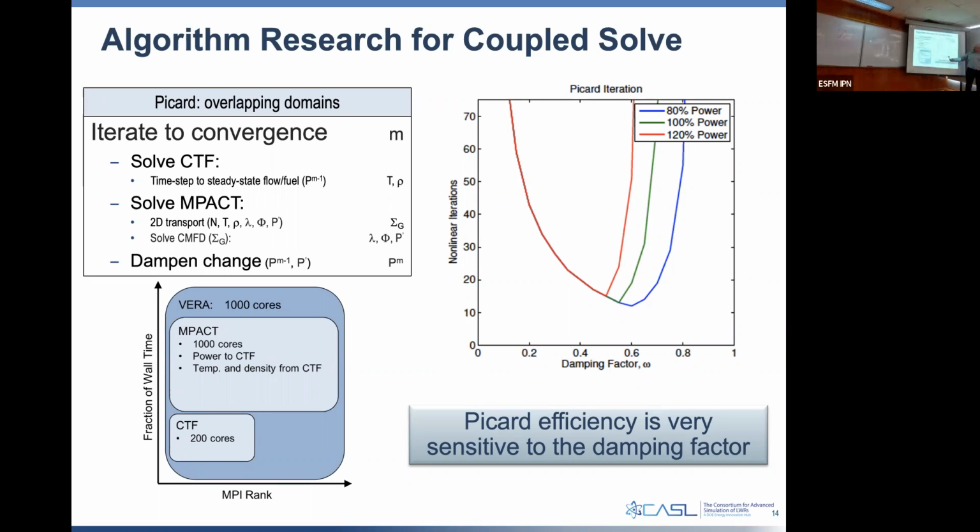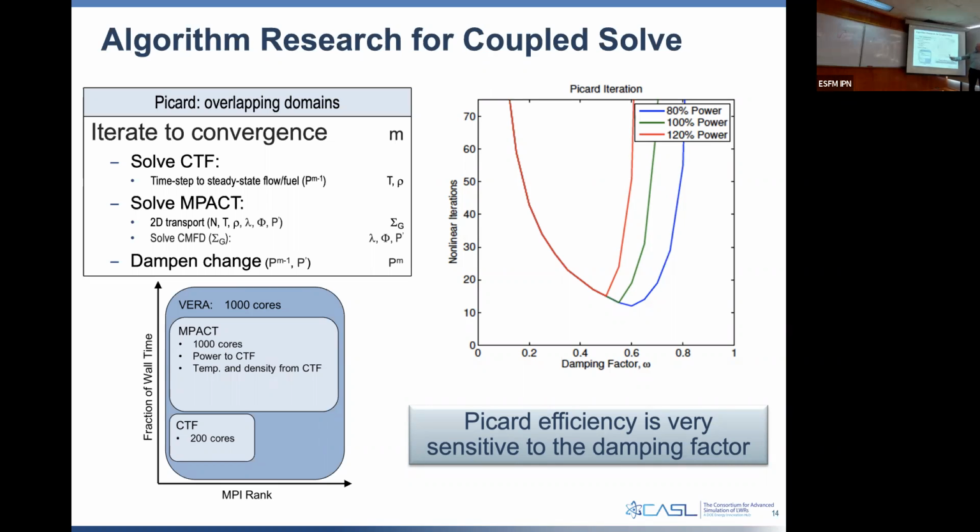If you put in a weighting factor of 0.5, then whether the power was at 80 or 100 or 120%, it still took in the range of 15 or so iterations to converge. So you would go through this process, that to that, that to that, that to that, 15 times, and it would converge. But as you increase your power, the optimal weighting factor changed.